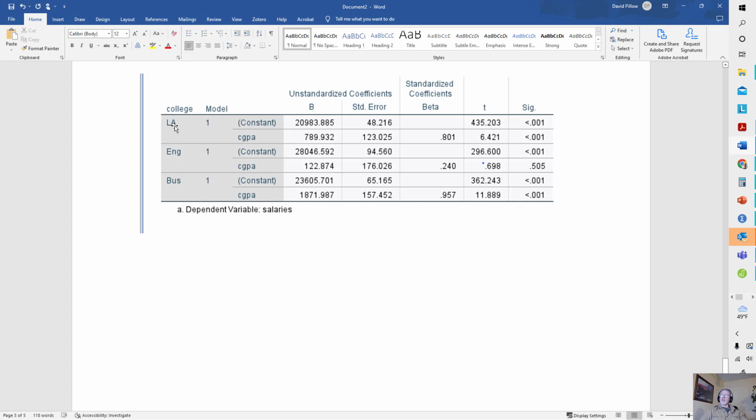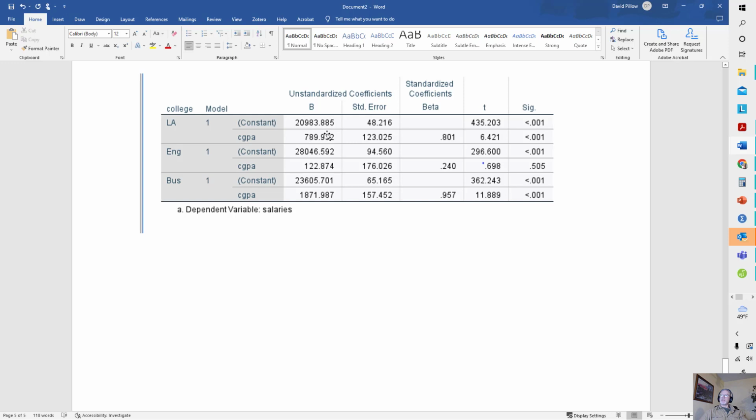So I have the liberal arts. This is the same information that was in the original output, so that you can see right away when you just do your initial run. And it is showing that this is a significant simple slope.